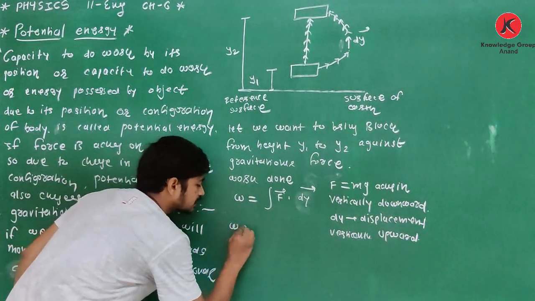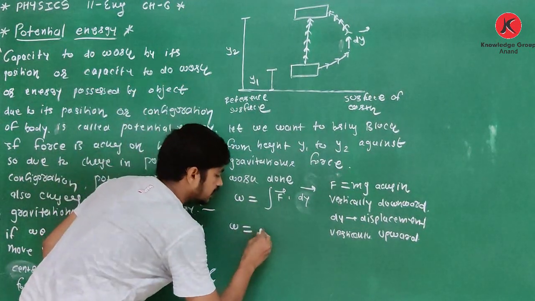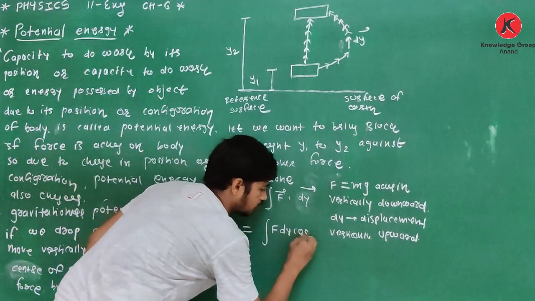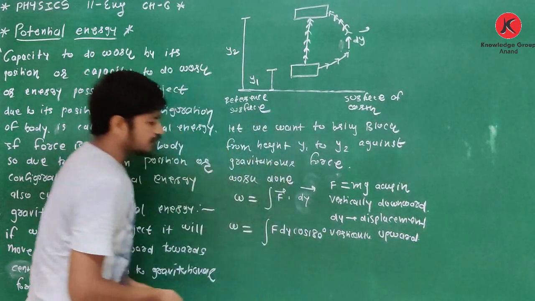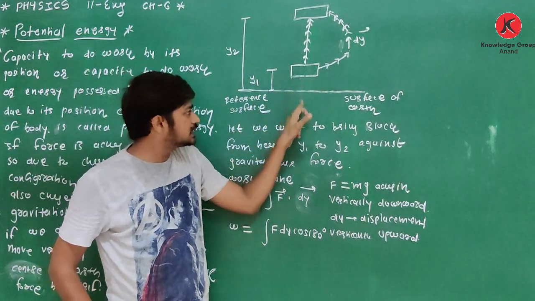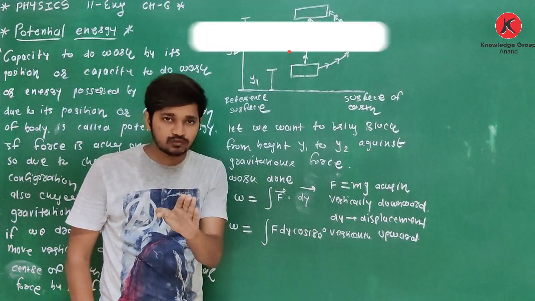So how to write this equation of work? W is equal to the integration of F dy cos 180. See, the mg force is acting in the downward direction.